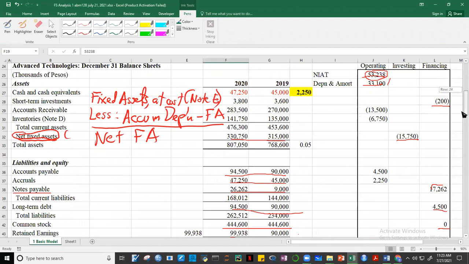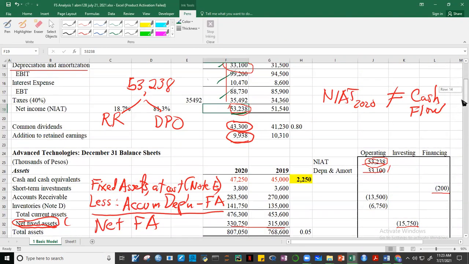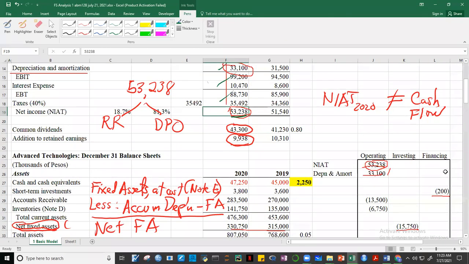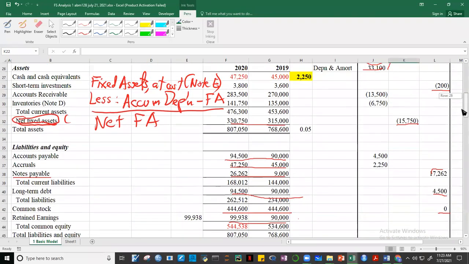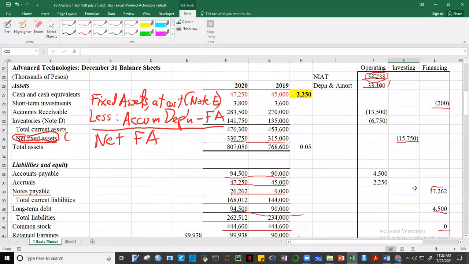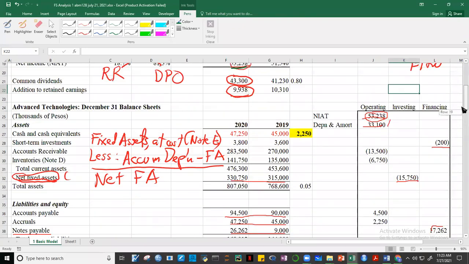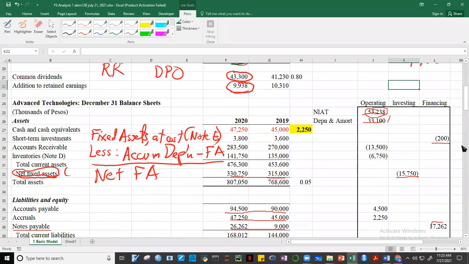Okay. So, in other words, ang sinasabi ni Eva, hindi pa na-consider yung dividends dito. Diba? Kasi net income after tax pa lang to eh. Na-consider na ba natin dividends dito? Eva, na-consider na ba yung dividends dito sa template natin? Has it been reflected here? Okay, not yet.